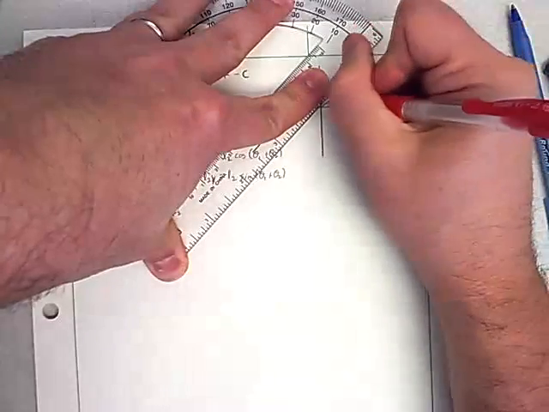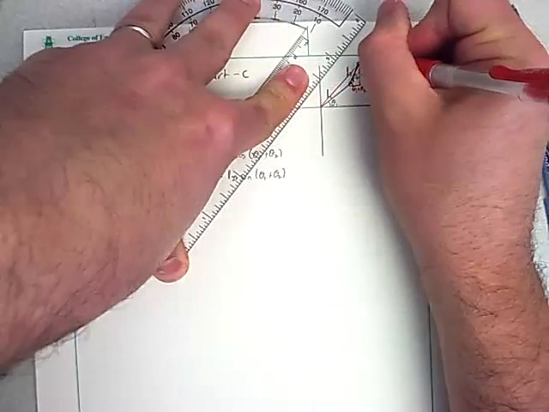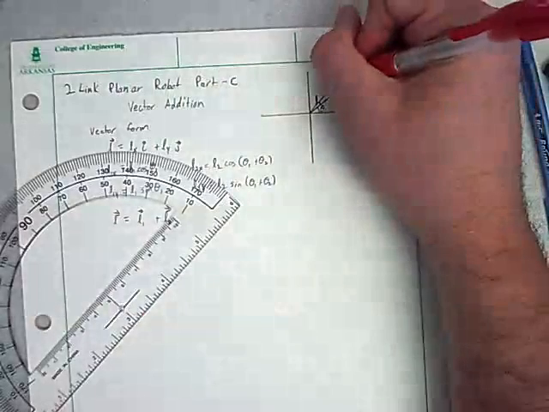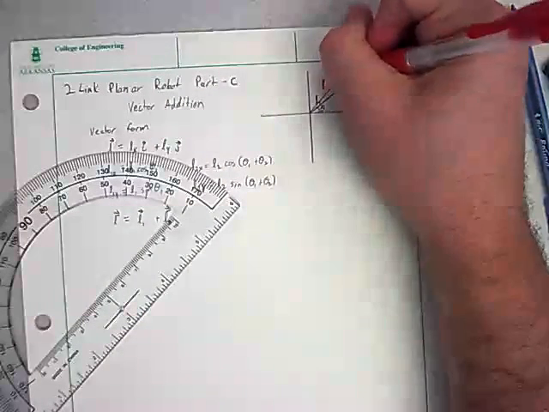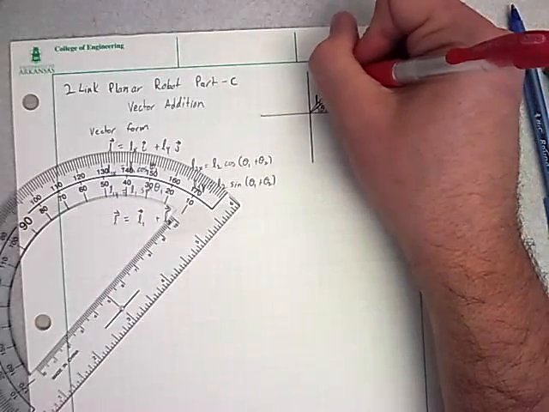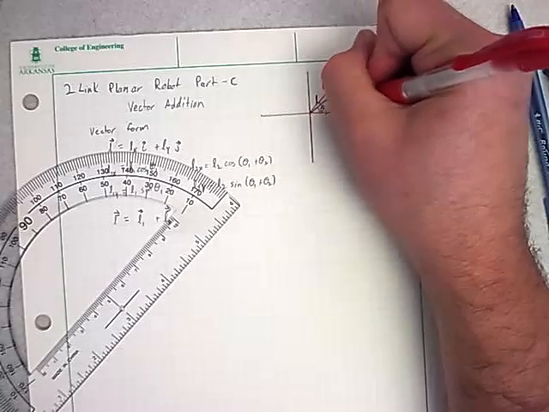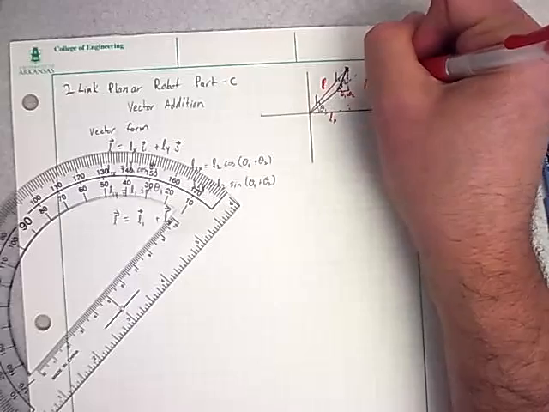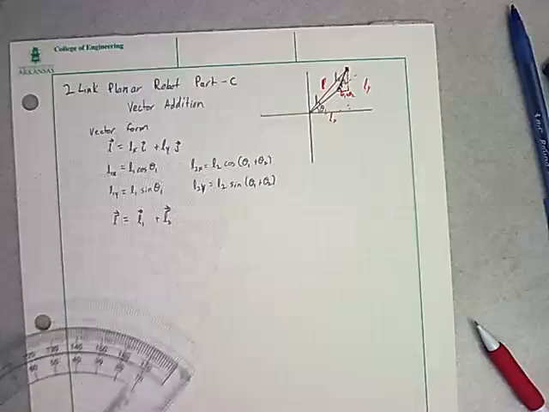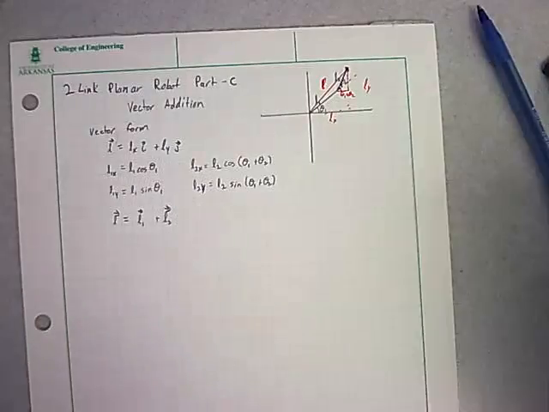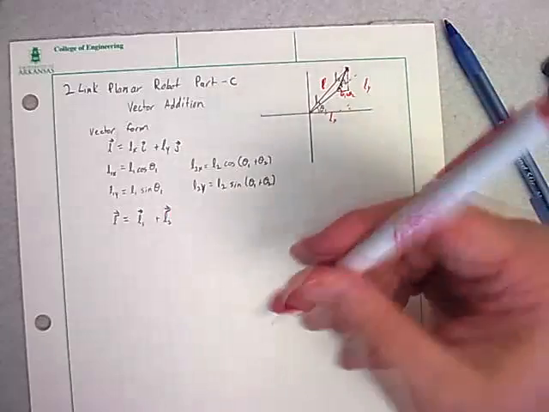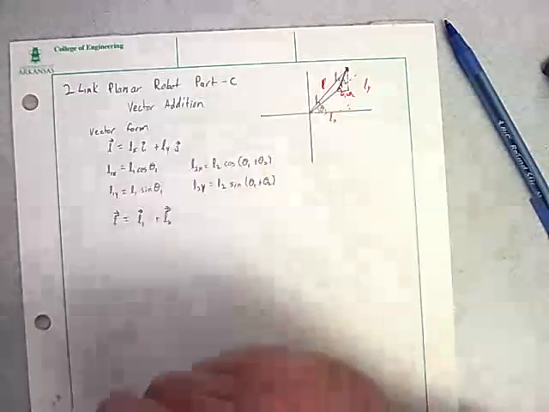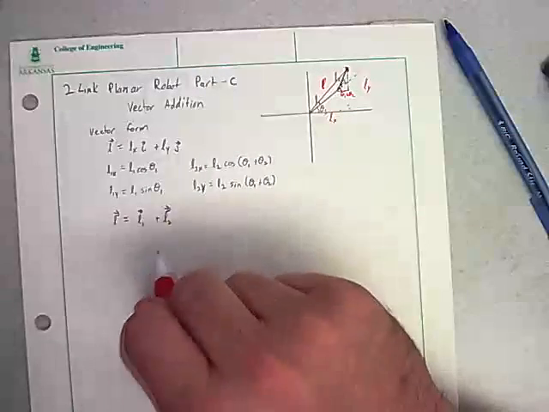If I want to get all the way from here to there, then this part is Lx, and this part is Ly. And I'm trying to figure out what those values are. And I get that by adding these two together. So to add them together, I have to first know what L1 and L2 are.